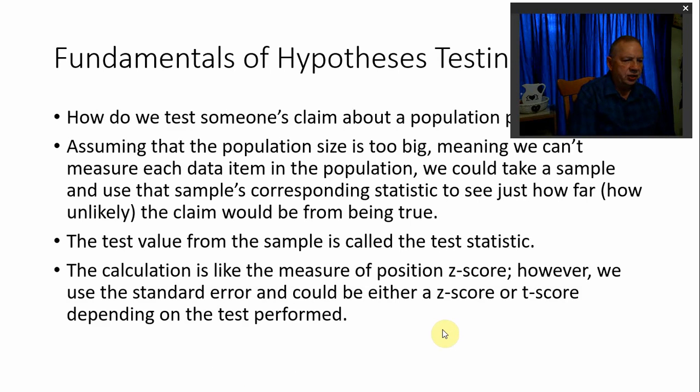The calculation is like the measure of position, a z-score. We use the standard error instead of the standard deviation to calculate it, and it can be either a z-score or a t-score depending on the test performed and the information that we use.